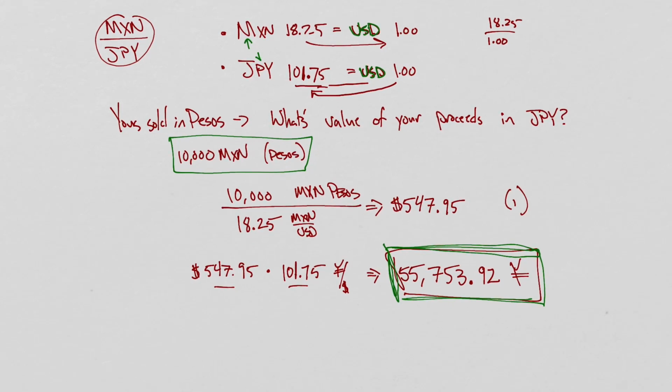Now, there is another kind of shortcut way to do this, and that's called a cross rate calculation.